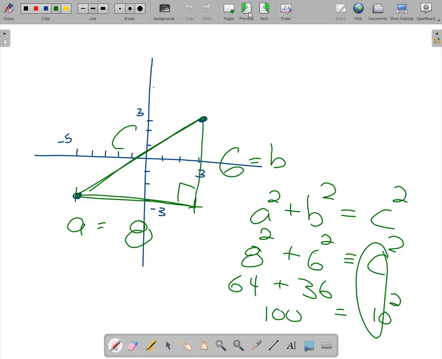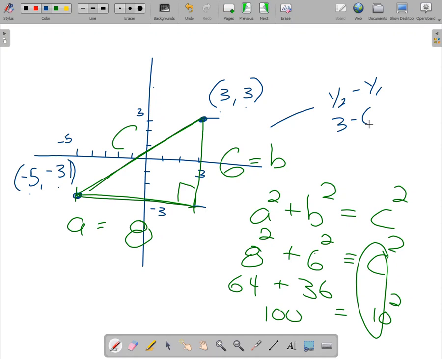This point right here is the point -5, -3. That's my x1 and y1. And over here is my point 3, 3. That's my x2 and y2. By drawing the picture, I can pretty much see what happens when I subtract those y values. That 6 right there is like taking y2 minus y1.